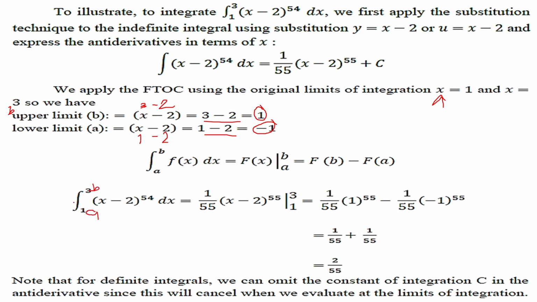So the definite integral from 1 to 3 of (x minus 2) raised to 54 dx is equal to 1 over 55 (x minus 2) raised to 55 from 1 to 3. Our next step is to substitute it into F of b minus F of a.